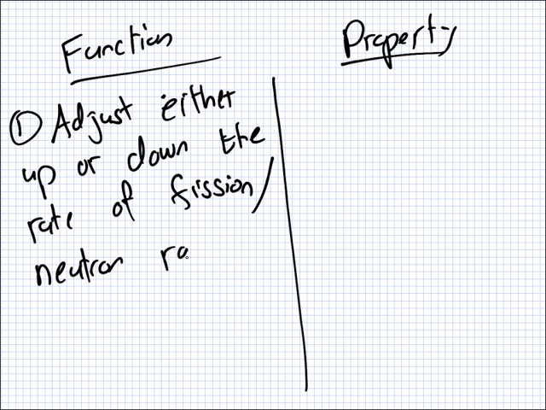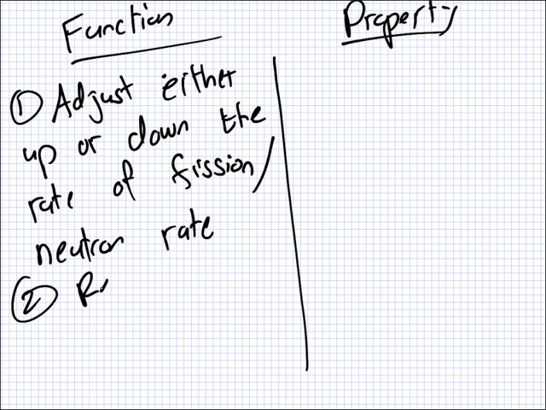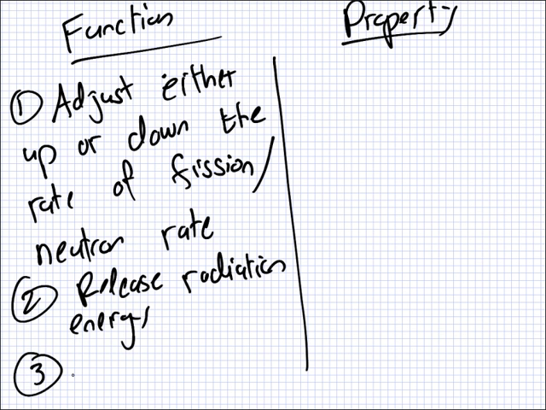Neutron rate. 2. Release radiation energy. Number 3, to reduce neutron speed.